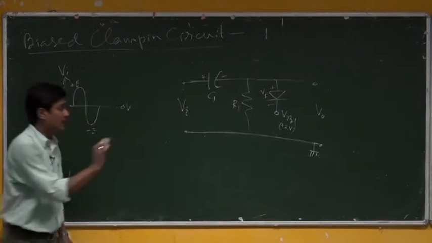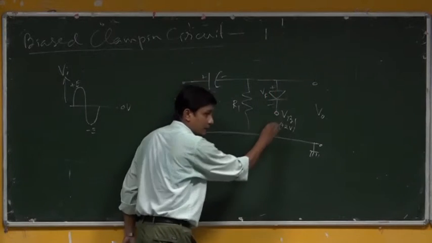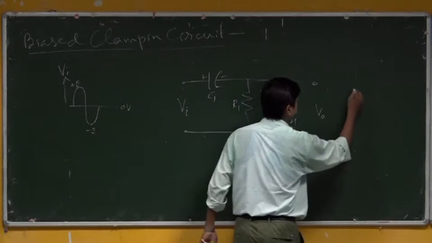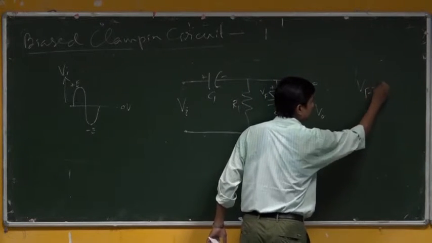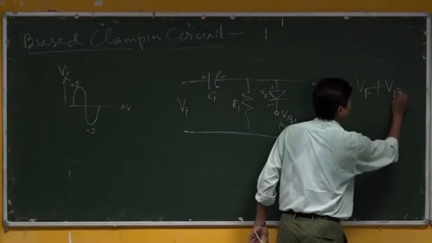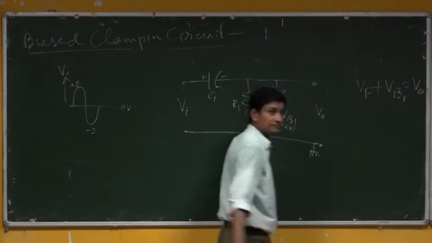Okay. So, let me first analyze if it is Vf, it is forward biased, and the potential V0 I need to find out. How much it is? Vf plus Vb1, that will be the V0.